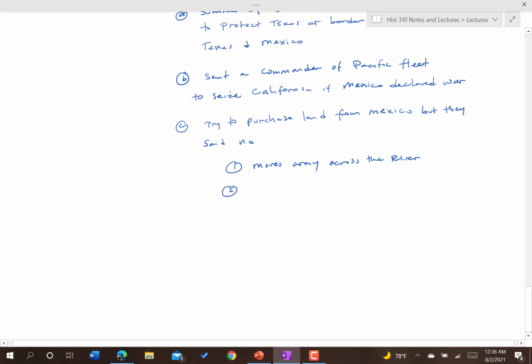The Mexicans initially refused to attack or fight. And he was looking like he was going to have to start the war. Polk was working up a plan to attack.